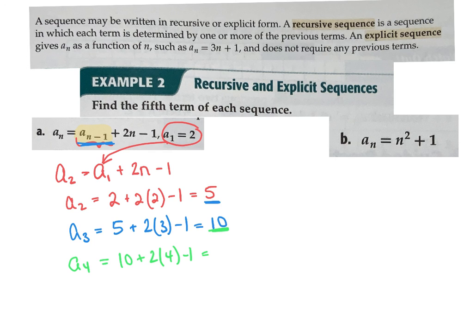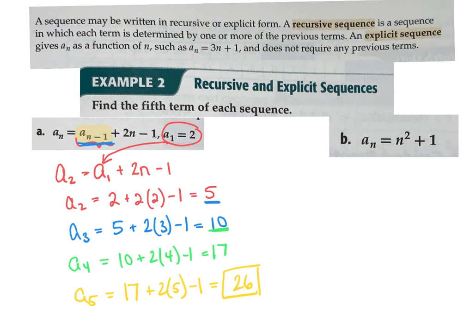So that's going to give me 17. And then to find my fifth term, which is the one I'm looking for, I'm going to say 17 plus 2 times 5 minus 1. So my fifth term here would be 26. So that's how you would have to use recursive.